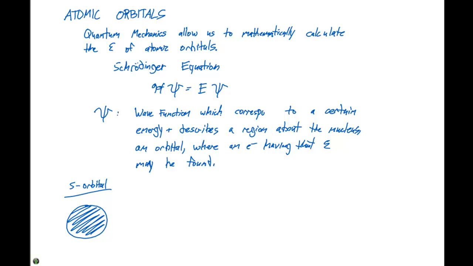If we have a p orbital, there are 3 types of p orbitals. There's the px, the py, and the pz, and that's how they are represented in 3-dimensional space. So if we have the z-axis pointing straight up and down, the p orbitals are these figure 8 dumbbell type shapes where we have the pz.